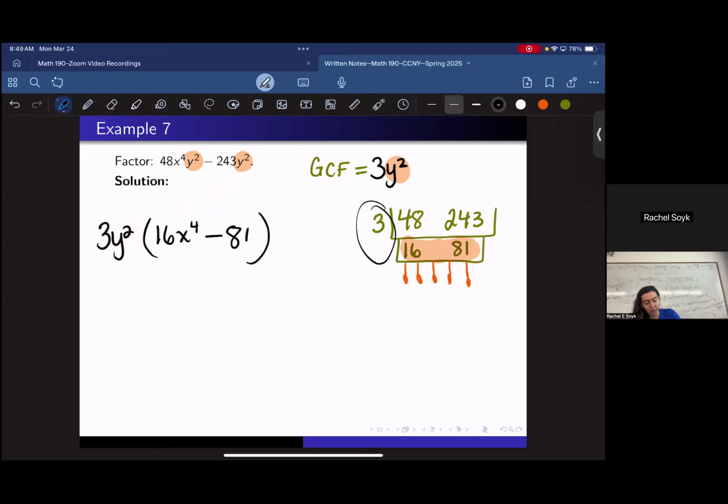And we already pulled out that y squared on the outside. But are we done yet? Can we factor this out a little bit more? Utilize that method that we just learned about in these past few slides, our difference of squares.